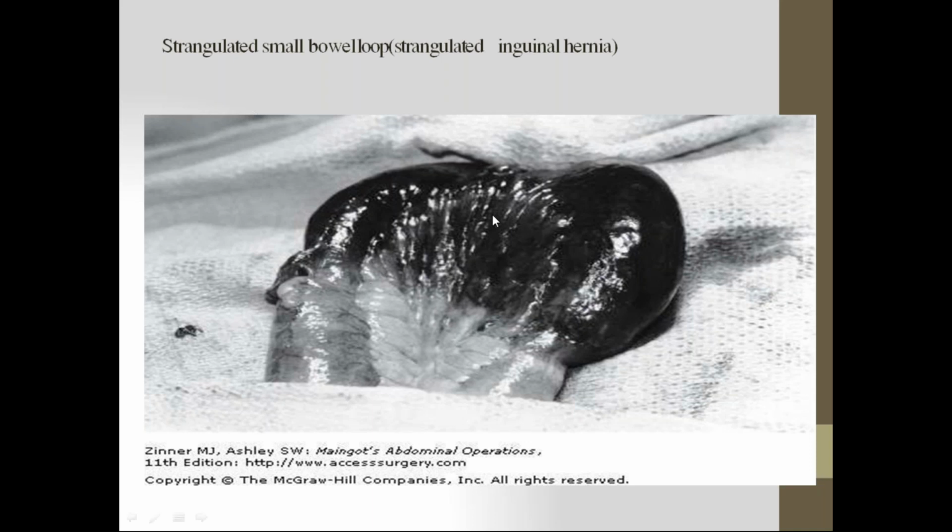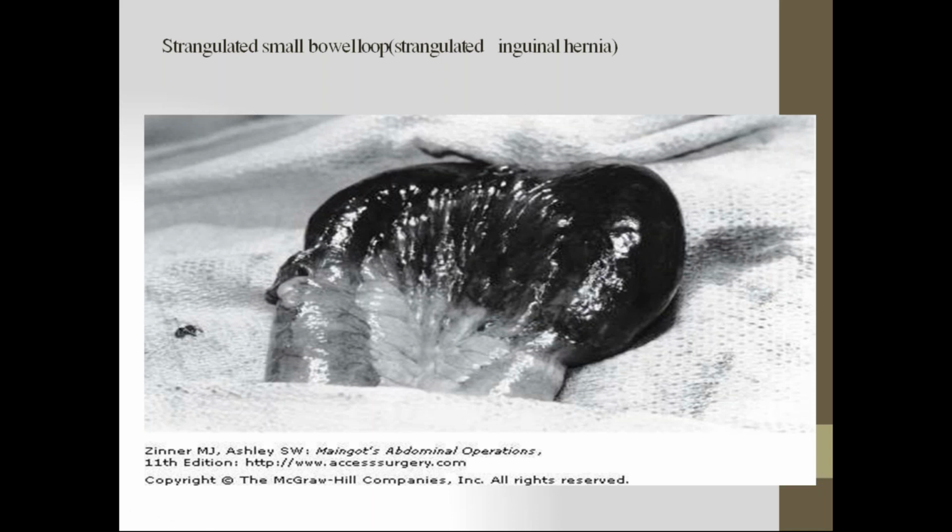At surgery, after opening and getting access to the bowel loop which is strangulated, we need to examine if there is minor discoloration or minimal peristalsis. Then that is the condition in which we need to assess the vitality of the bowel.